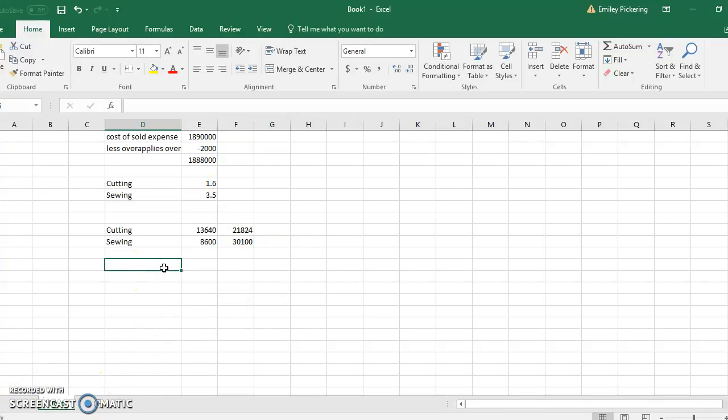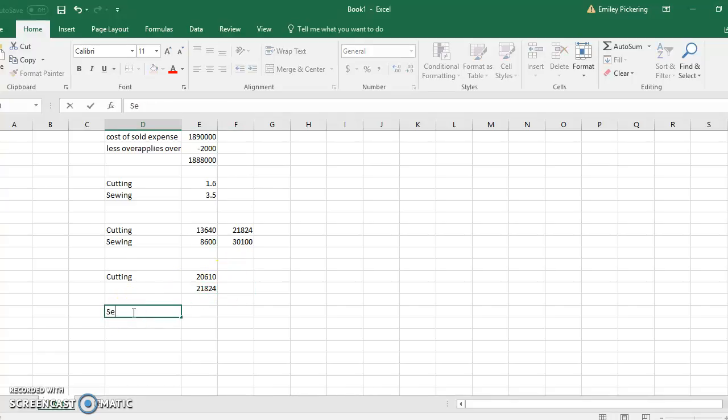The last part is to compare our applied overhead to our actual. Let's take a look at cutting. Our actual was 20,610, and we applied 21,824.